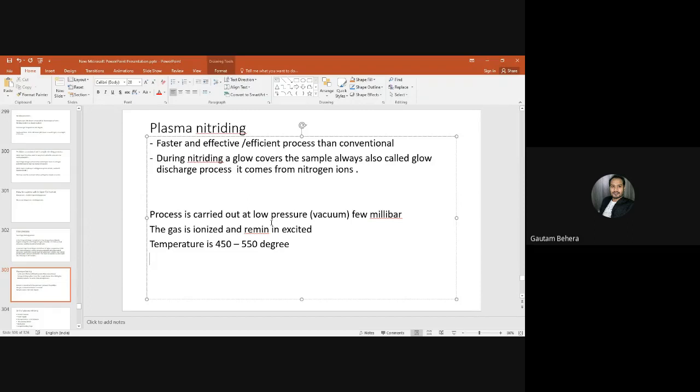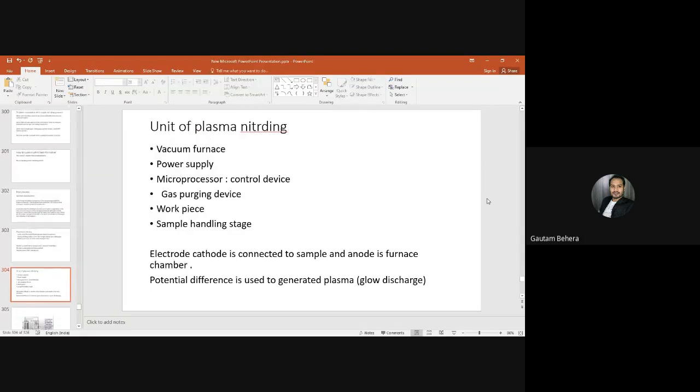A vacuum chamber will be there. The gas will remain in an excited state, right? The temperature is basically 450 to 550 degrees centigrade.